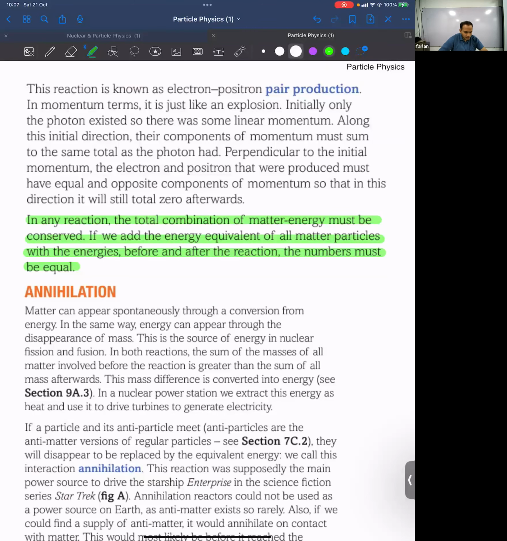If we add the energy equivalent of all matter particles with the energies before and after the reaction, the numbers must be equal. Highlight that part. In any reaction, the total combination of matter and energy must be conserved. Mass alone is not conserved, energy alone is not conserved. The mass-energy combination is conserved.